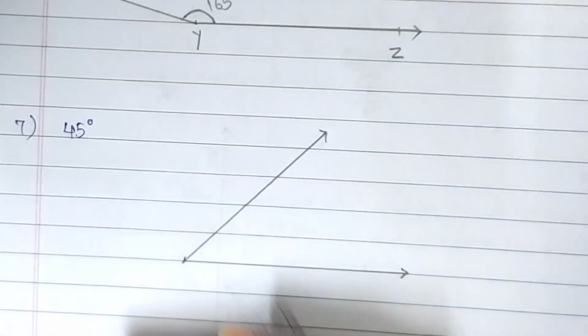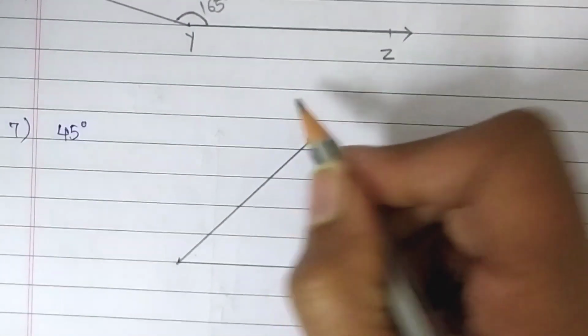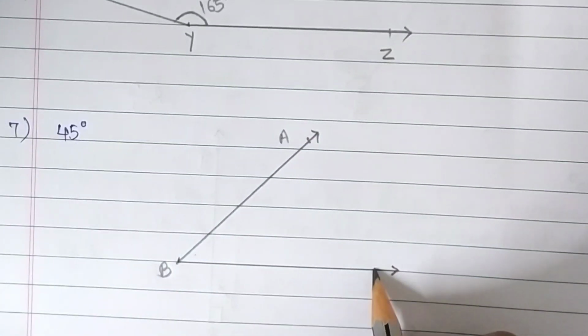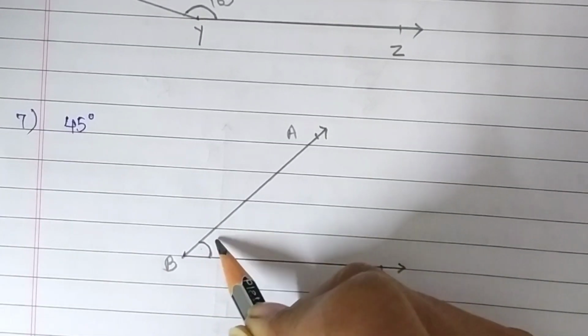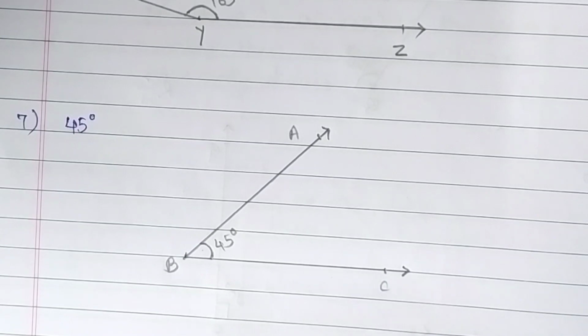Make here a sign of arrow and give a name to our angle. Now right here the measurement of our angle, it's 45 degree.